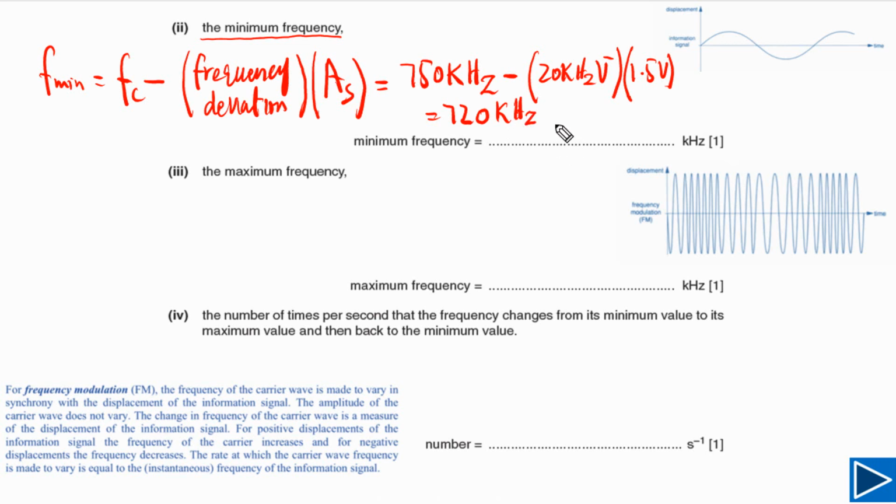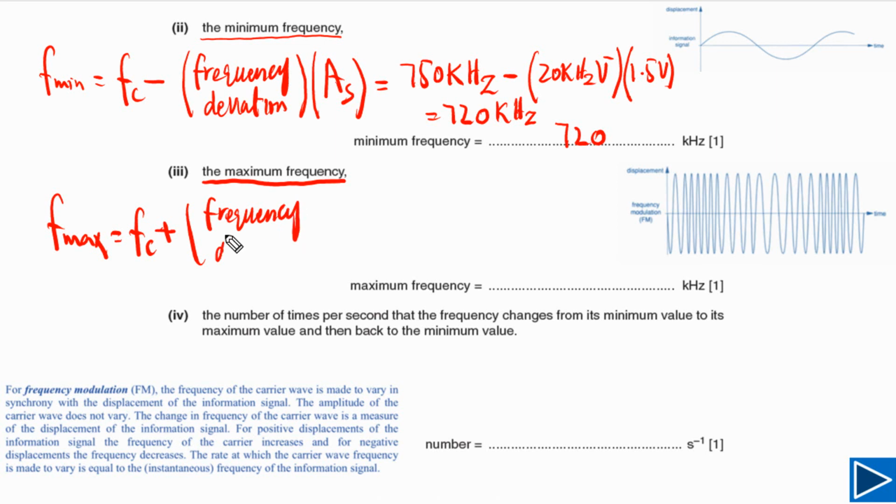So our final answer is 720 kilohertz. Now the next part is asking us for the maximum frequency, so we simply need to add. Maximum frequency will be equal to the frequency of the carrier wave plus the frequency deviation multiplied by the amplitude of the signal. Now we just need to plug in values.